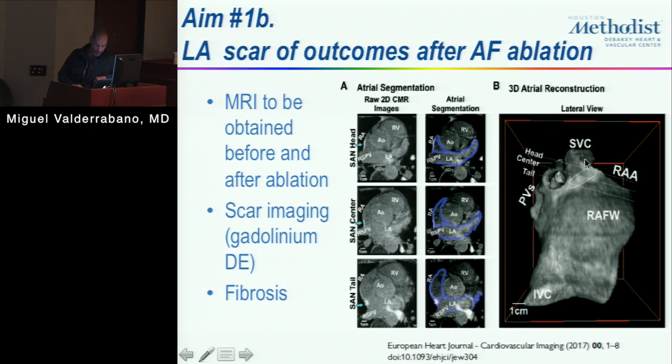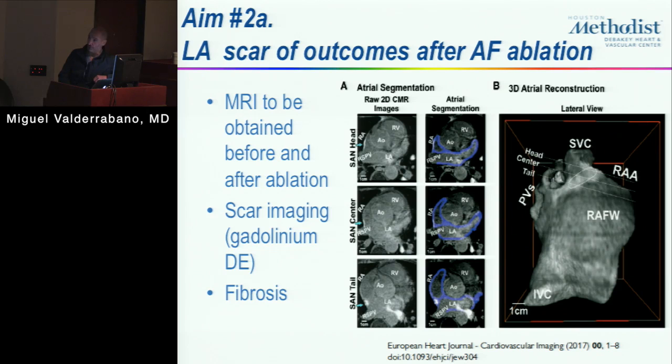They were focusing on the SVC-RA junction to look at the sinus node, but they're imaging fibrosis, which is interesting. It's one thing that I would want to do in this project. Again, the idea is to get more detailed anatomical and structural data about ablation candidates before and after and correlate that with outcomes.